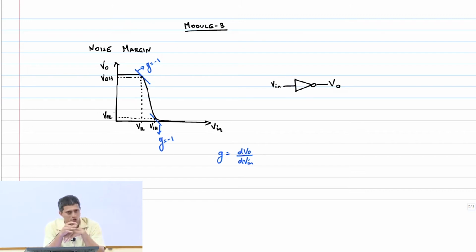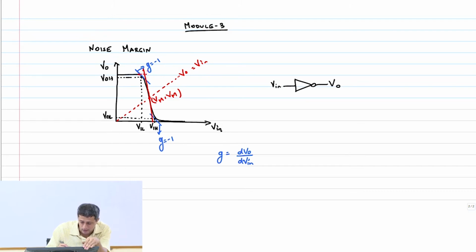Therefore we made an approximation and said that we will find the point when V in equals V out equals Vm, the trip point. V in equal to V out is a line, and this point is Vm comma Vm. Then we said that we will take the slope out here and just extrapolate with that slope, and see where it intersects.